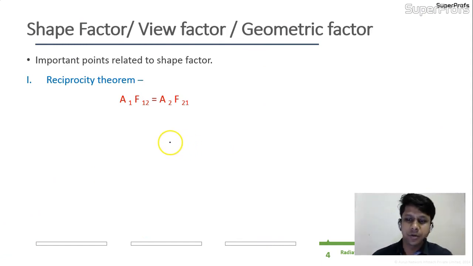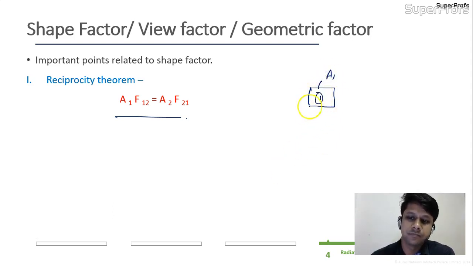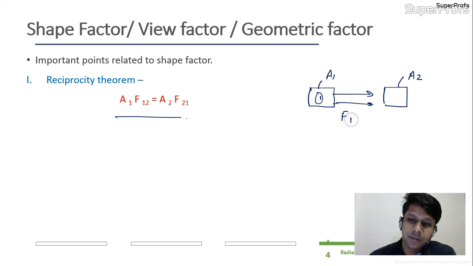Now there are some important theorems related to the shape factor. Let us say there is a body 1 whose surface area is A1, and a body 2 whose surface area is A2. Body 1 is radiating heat, the fraction of radiation emitted from 1 and falling on 2 is F12, and the fraction emitted from 2 and falling on 1 is F21.